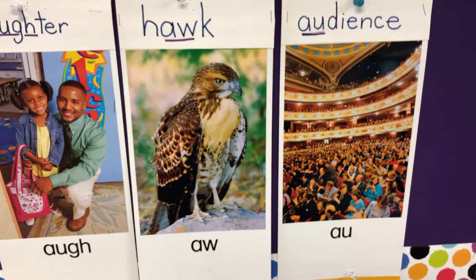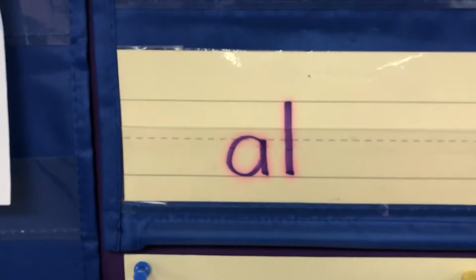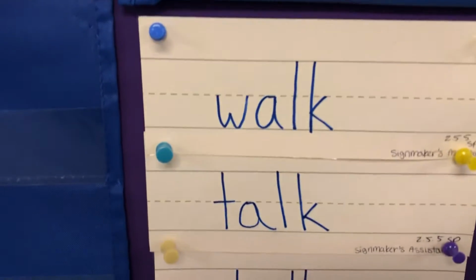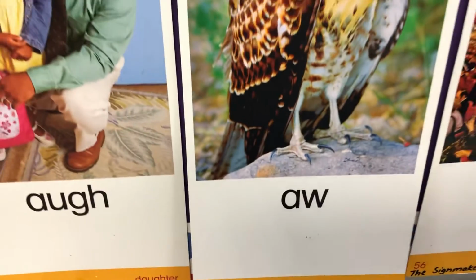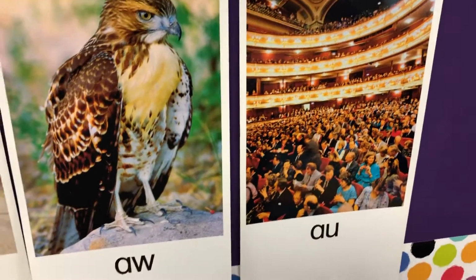AU, as in the word audience. And the sound spelling for AL, as in awk. So we have AL, AUGH, AW, and AU.